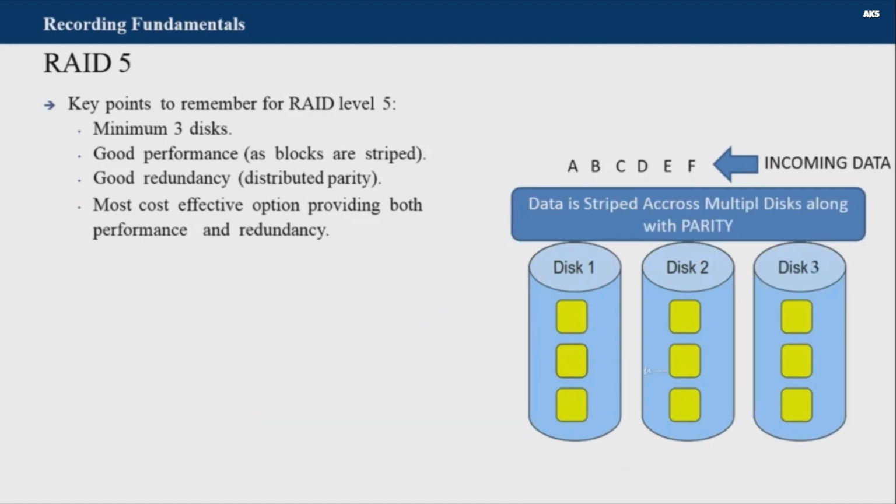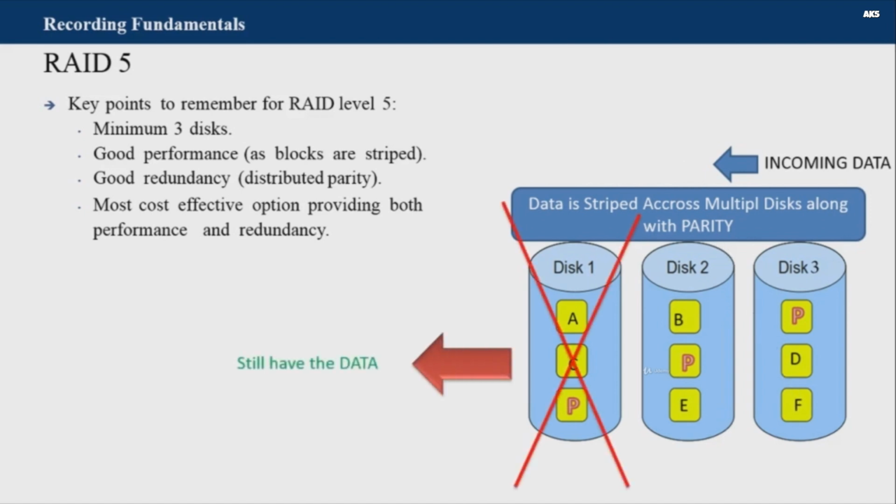RAID 5 is a more advanced technology. It generates a parity bit per strip for added security. Parity bits are used as a simple form of error detection code. In the case of disk failure in a RAID 5 system, the lost data can be replicated on replacement disks.